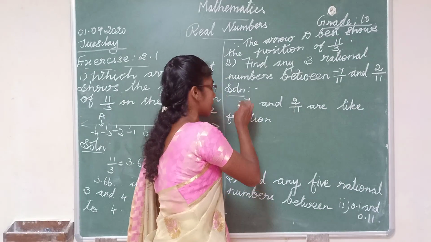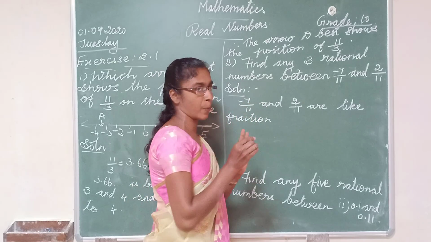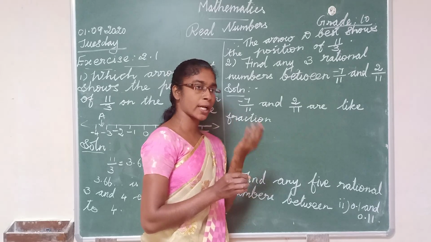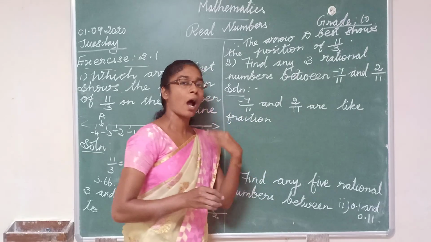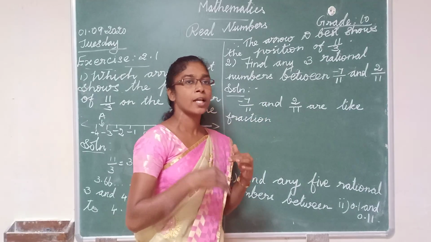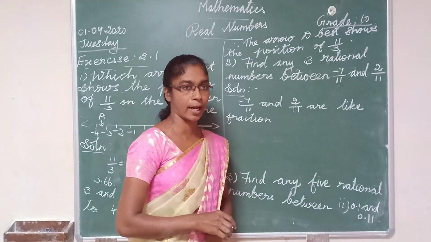In between these 8 numbers, any 3 you can write. You can write -6/11, or -5/11, next 1/11, 0 also you can write.